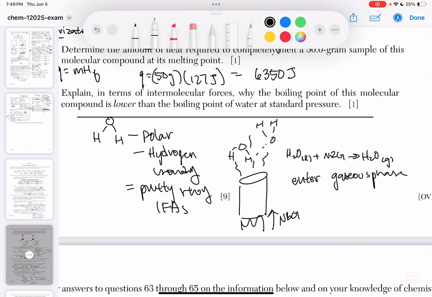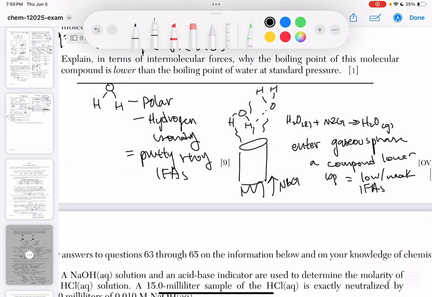So a compound that has a low boiling point has low or weak IMFs, because weak IMFs are easier to overcome, making its boiling point a lot lower.